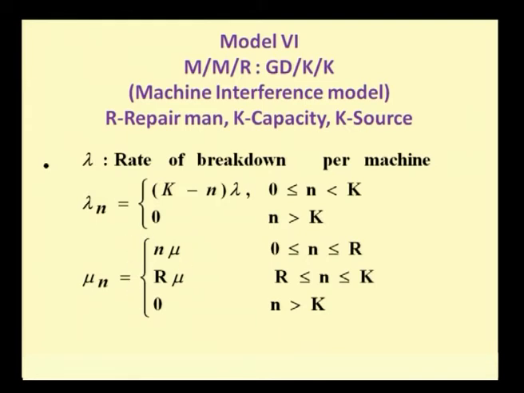So, with these definitions of the arrival and the service rates, we now have to get Pn, the probability of finding n customers in the system in the steady state. For this we borrow the birth and death model equations, the Pn that we had seen earlier in the derivation.